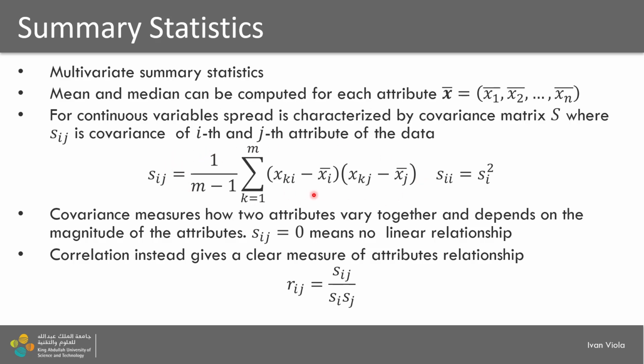And if we want to understand whether there is a relationship between these two different attributes, then we would need to actually normalize this information by the respective spreads of these individual variables, meaning we divide it by their respective standard deviations.